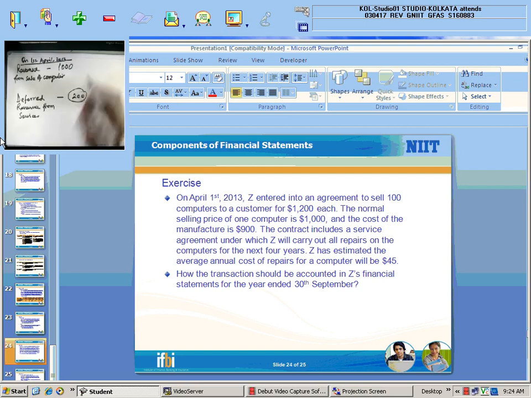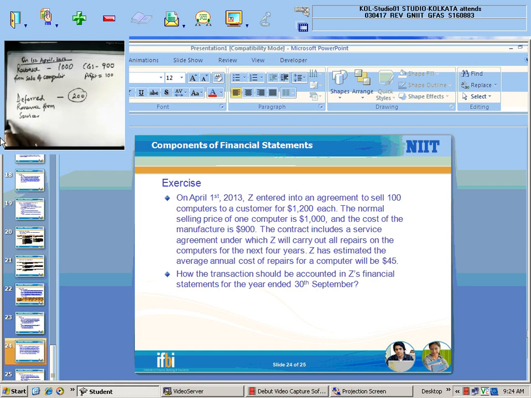Now here the cost of goods sold is how much? Corresponding cost is 900. So profit is 100 at this point of time. Cost of manufacture of a computer is 900, so profit is 100 from sale of computer. But this is still not earned. This is a deferred revenue on 1st April 2013.